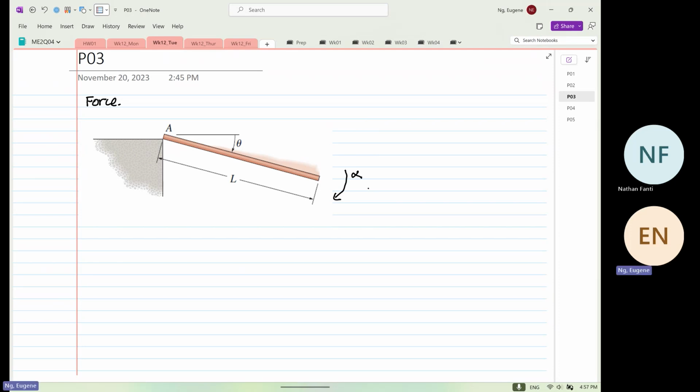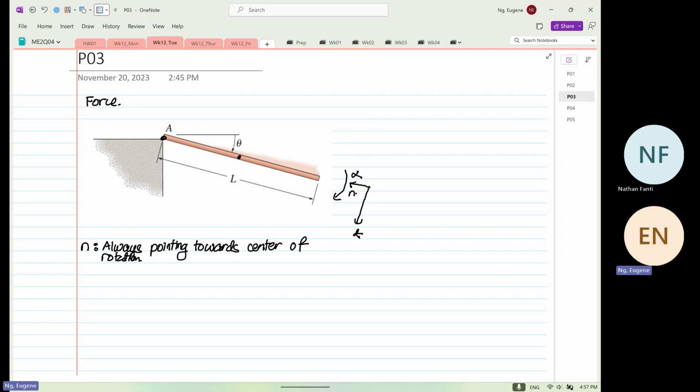So over here will be your T, and over here will be your N. The N is always pointing towards the center of rotation. And from there, we start to draw.